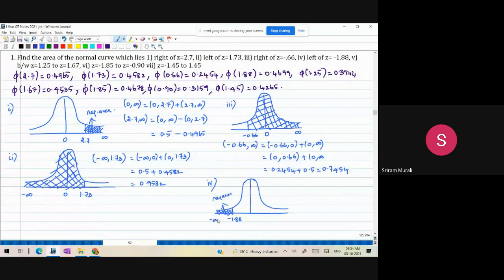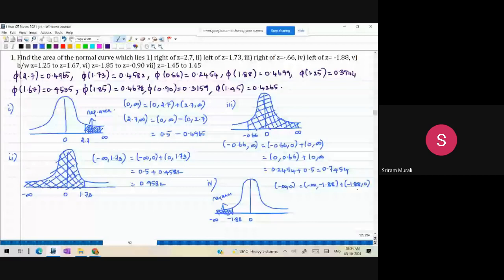Minus infinity to 0 is minus infinity to minus 1.88 plus minus 1.88 to 0. This is the total area given on the left. My requirement is minus infinity to minus 1.88.